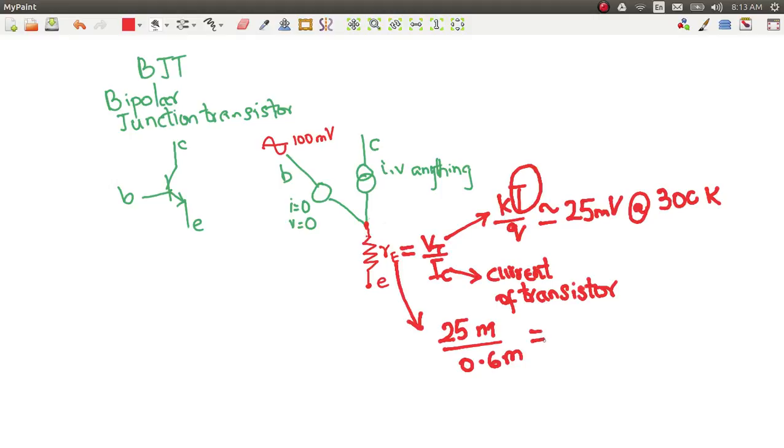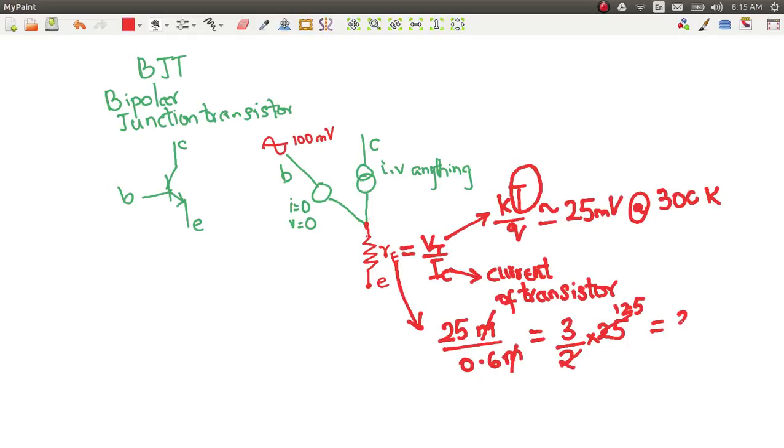So that means these two get cancelled, and this is sort of 2/3, so 3/2 into 25 millivolts, so that's 12.5 and around 37.5.